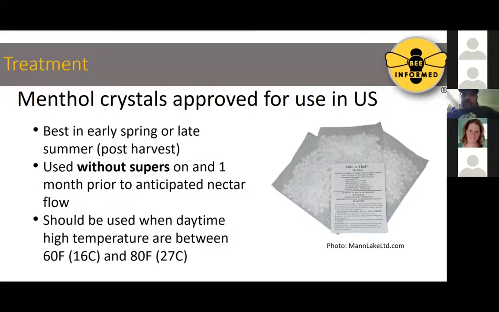They're applied in a mesh bag and are available from bee suppliers. Just as with our Varroa mite treatments, there are some that can be used with Supers-On and some that cannot be. This one for tracheal mites cannot be used with Supers-On, so it's going to be an early spring or late summer treatment.